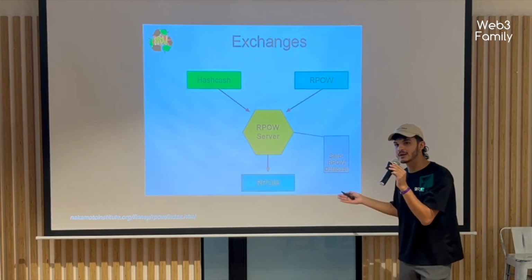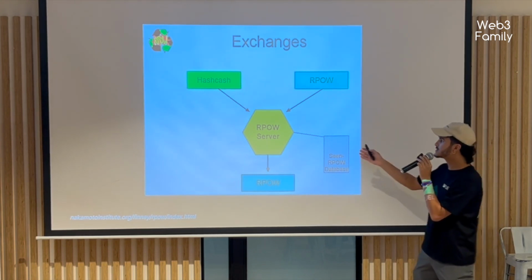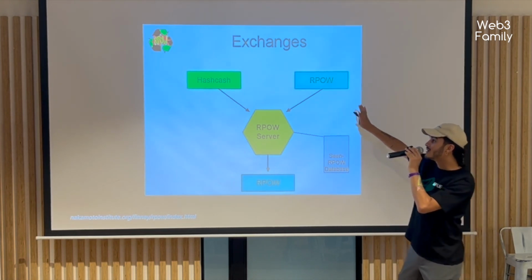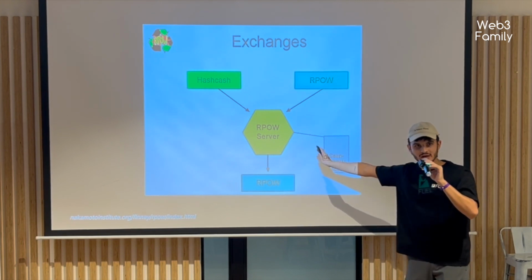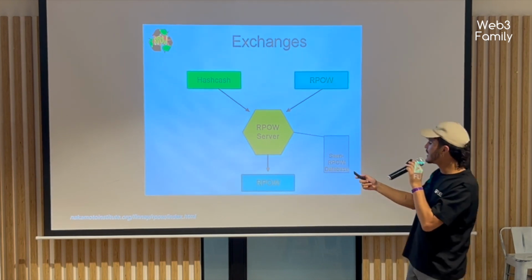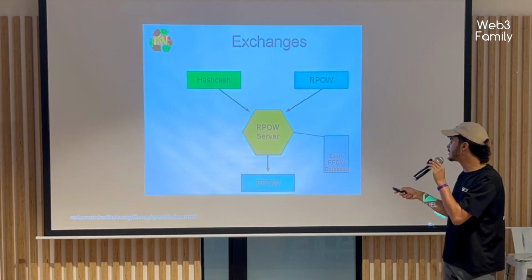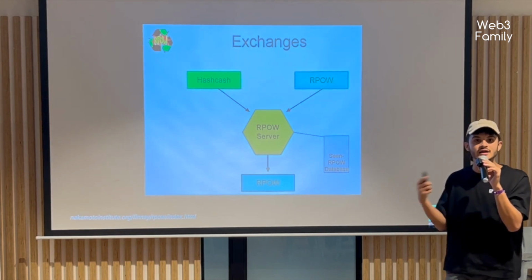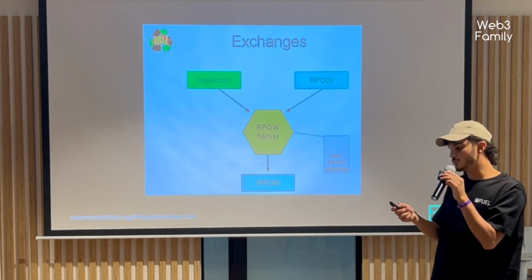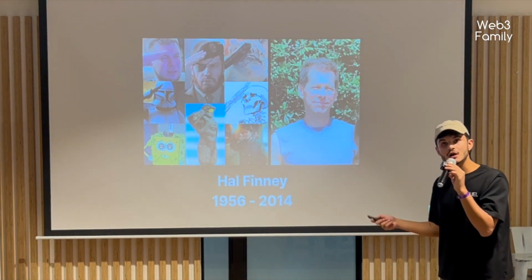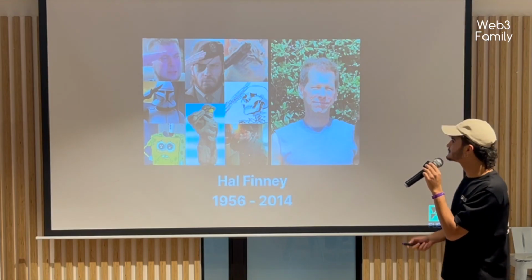Well, by destroying them and creating new ones on each validation. This is like the Bitcoin network in one slide. You have proof of work, you have tokens, you have servers, a decentralized ledger, and exchange of tokenized computation. So thank you so much, Hal Finney, for building this technology for us.